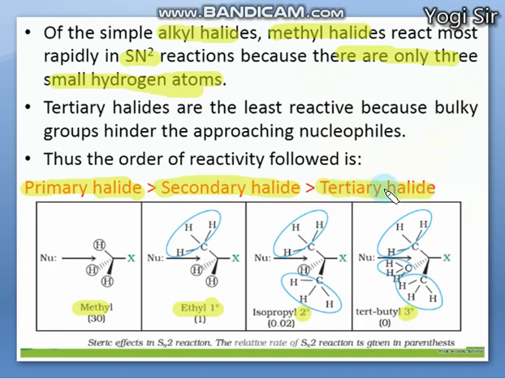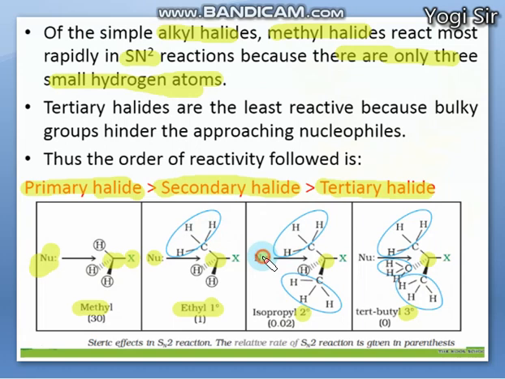So you can see SN2 is faster with primary but slower towards tertiary, and that is due to hindrance or crowding effects of these functional groups which are present around the central carbon. Ultimately this nucleophile is trying to bind with this central carbon and displace this halogen. Here it is difficult to displace the halogen because of the hindrance of this larger group.